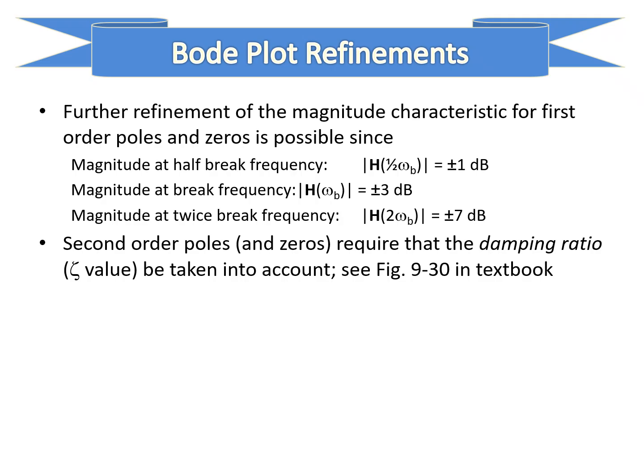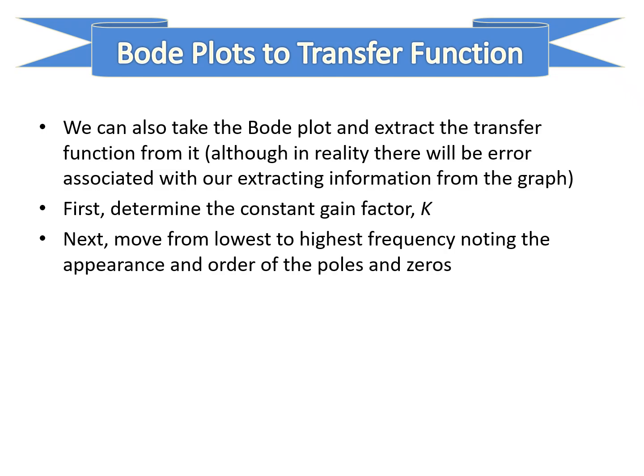Second order poles or zeros require the damping ratio values to be taken into account. Okay, we plot the transfer function. We can also take the Bode plot and extract the transfer function from it.